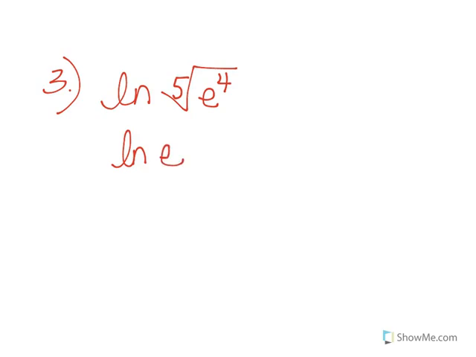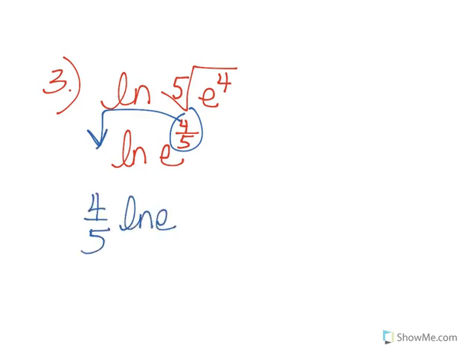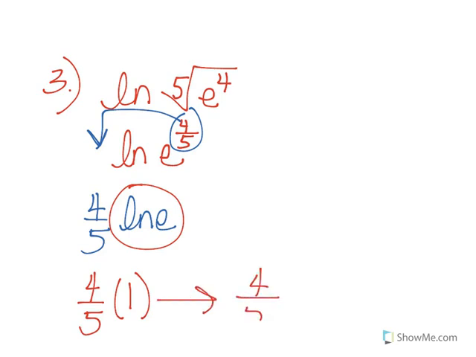So this is really equivalent to e to the 4 over 5 power. Okay. Apply the power property. And then we can make ln of e 1. So we get a final answer of 4/5.